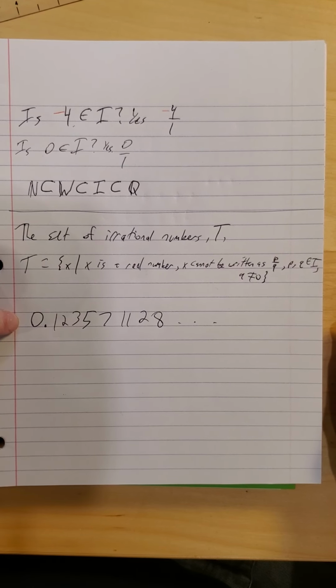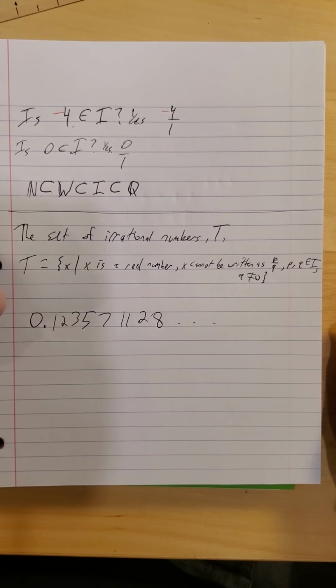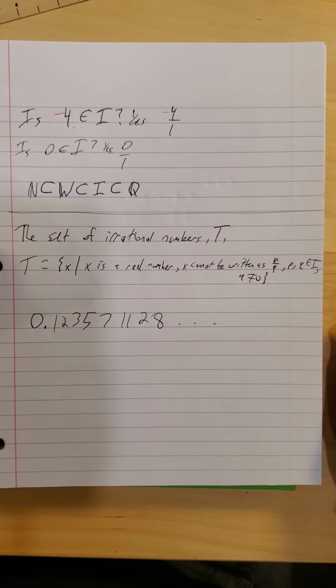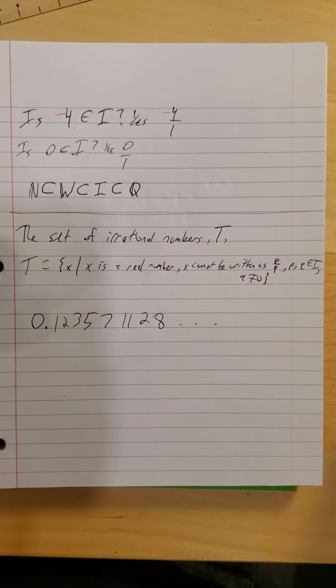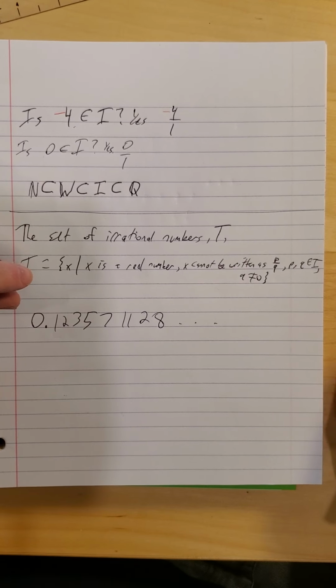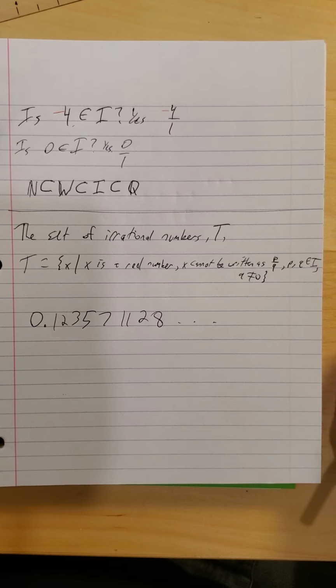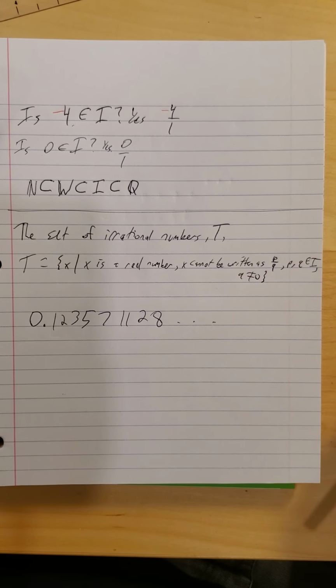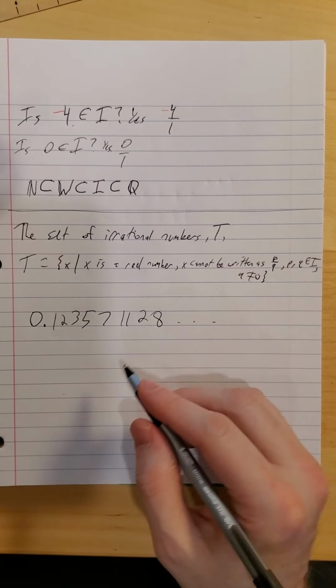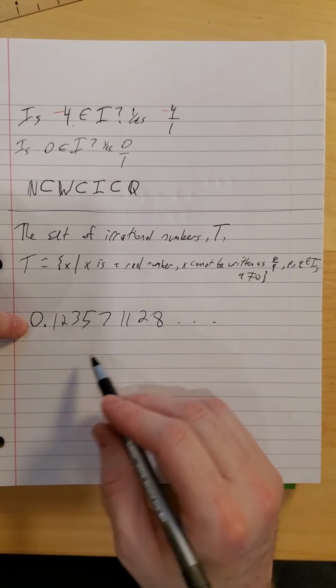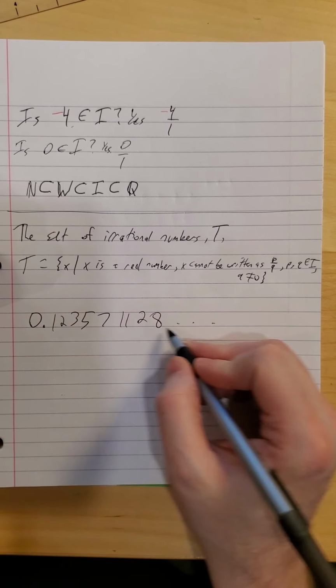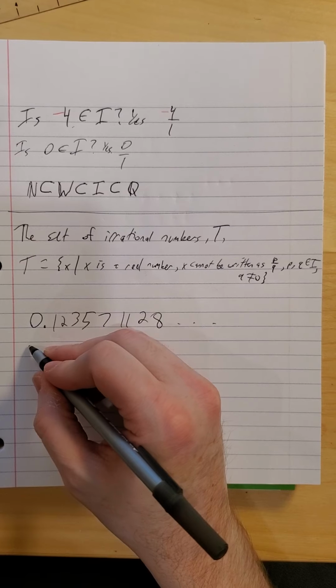Its decimal approximation just keeps going without terminating or without repeating. So terminating decimal: 1/2 is 0.5, hard stop at the 5. Or 1/3, 0.33333, and the 3's repeat forever. Irrational numbers won't stop and they won't repeat. Just more and more digits spilling out of them.